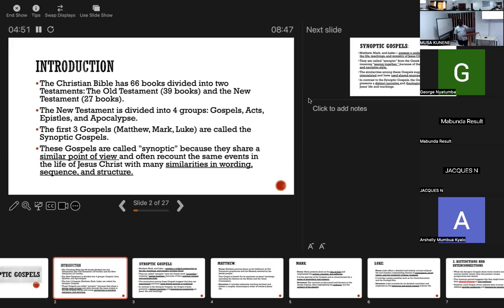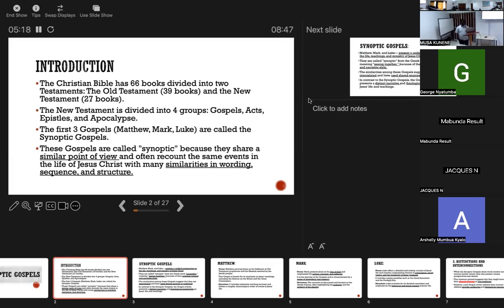Now, these three Gospels are called synoptic because they share a similar point of view, and often they recount the same events in the life of Jesus Christ, with many similarities in wording, in sequence, and in structure.